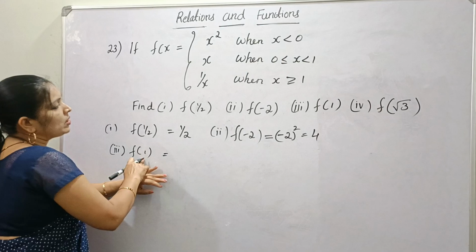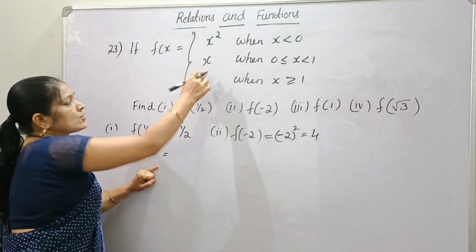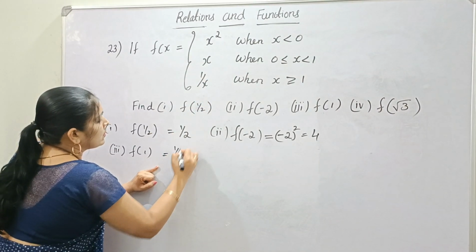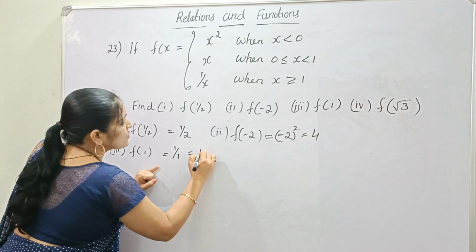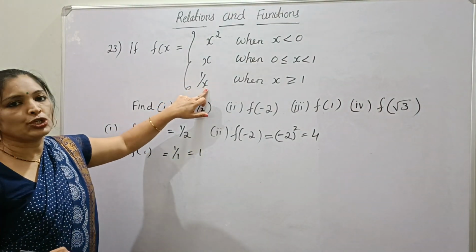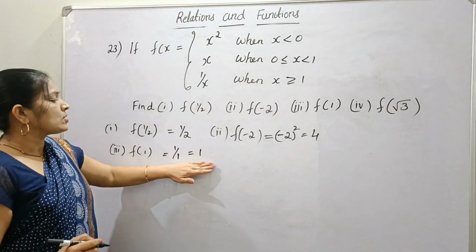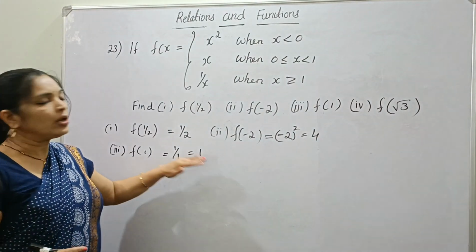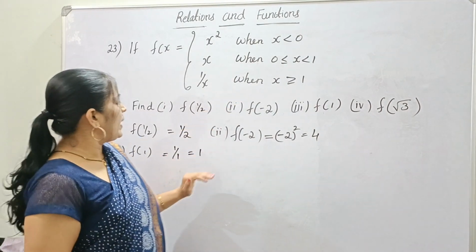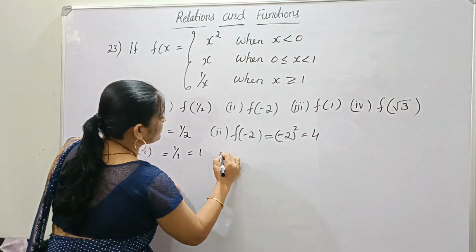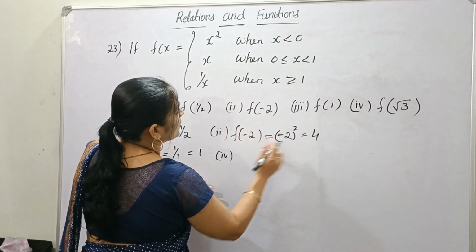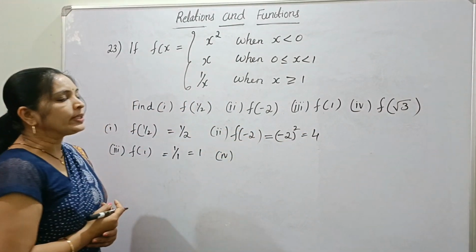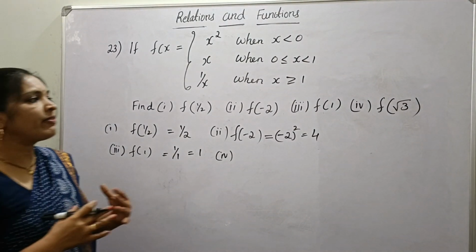So substitute 1 for x. So here, 1 by 1, that is 1 itself. Okay, next, the fourth one, f of root 3. See, what is the value of root 3?